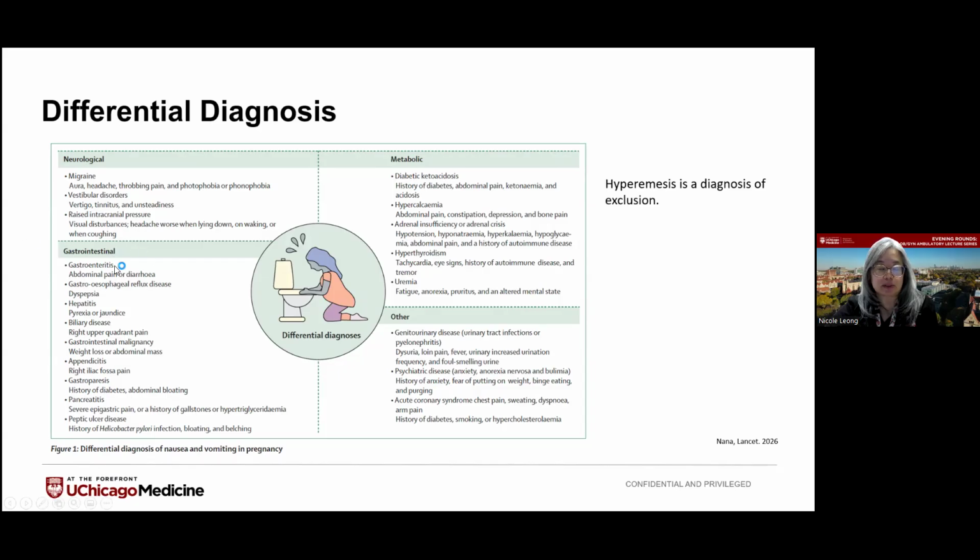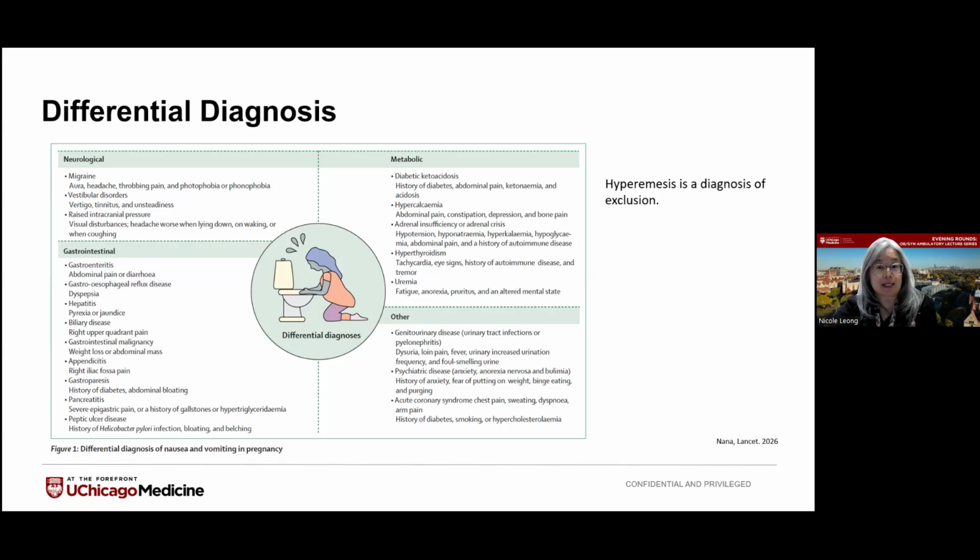Gastrointestinal things, so some things like a viral infection might cause nausea and vomiting, so gastroenteritis. Severe reflux can make people pretty nauseated. They might vomit from this. Something more severe like hepatitis or other kind of biliary disease like gallstones or gallstone pancreatitis. More rare things like GI malignancies are in the back of our mind.